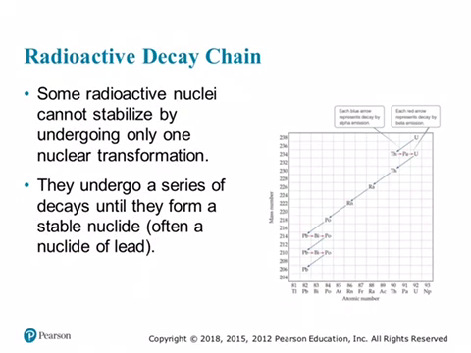Now, some nuclei have such a large difference in their neutron to proton ratio that they can't just stabilize by undergoing one nuclear transformation. So they can't just release one particle and become stable. And an example of this is uranium.